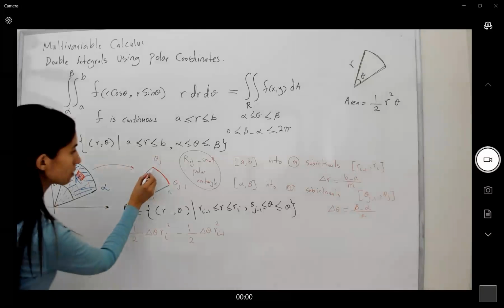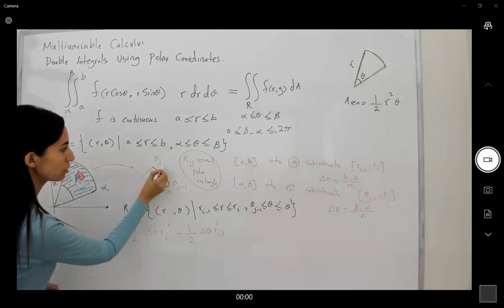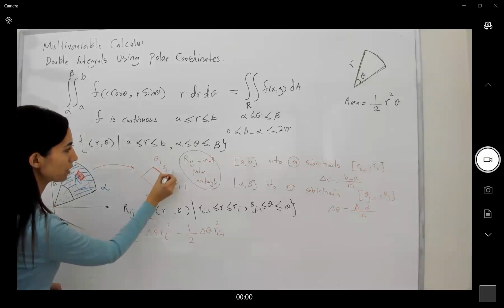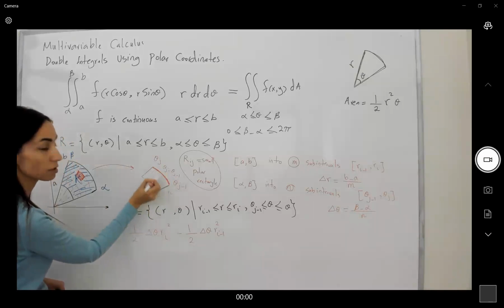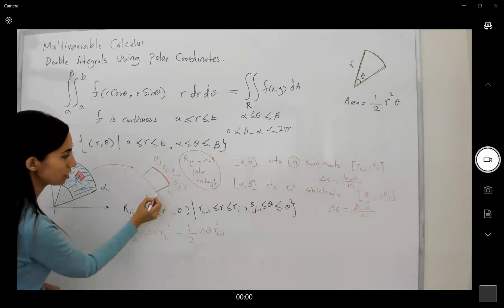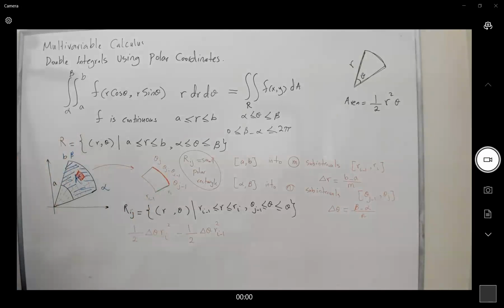So note that the difference delta theta, theta j minus theta j minus 1, is the measurement on this side, and on this side we have the difference between Ri and Ri minus 1.